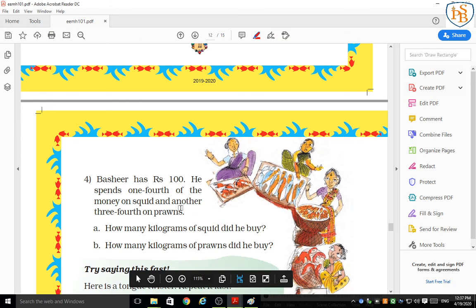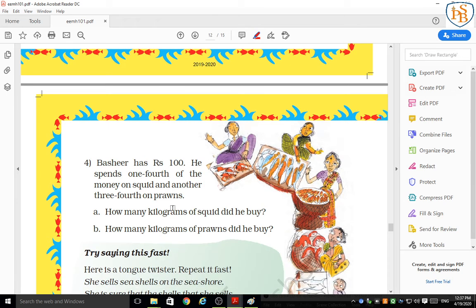Okay, students. Then let's go on to the fourth question. Before the question we have to just read. Bashir has rupees 100. Bashir has how many rupees? Only rupees 100.